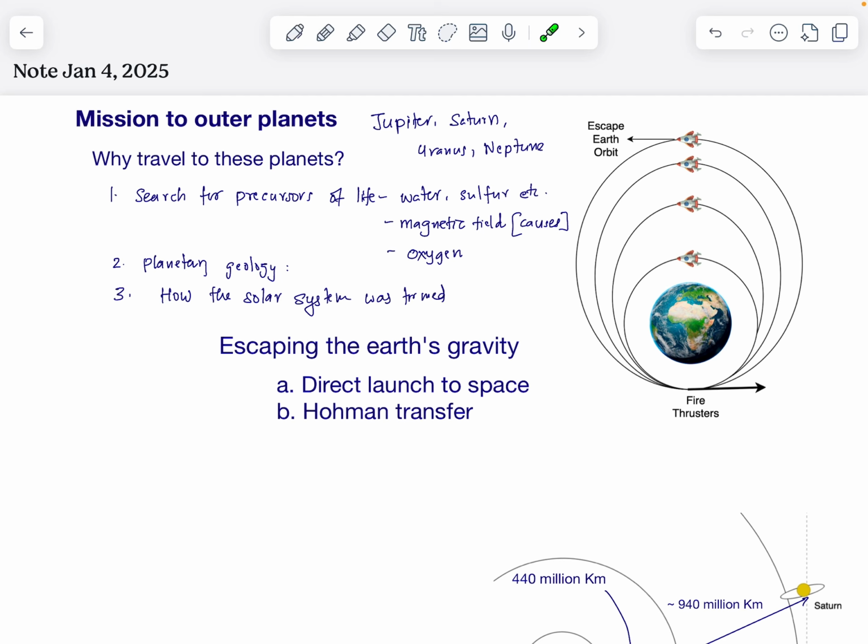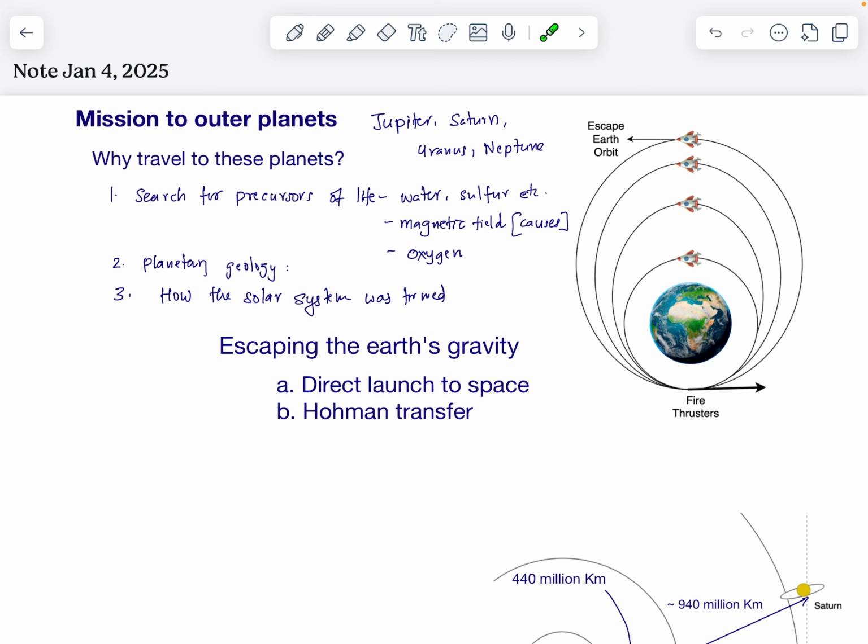A lot of these we can do by searching the inner planets, that is Mercury, Venus, and Mars. But we know that Mercury is too close to the sun; it's unable to support a lot of life because of the high temperatures there, and Venus is extremely hot because of its carbon dioxide atmosphere, which has caused a greenhouse gas type effect.